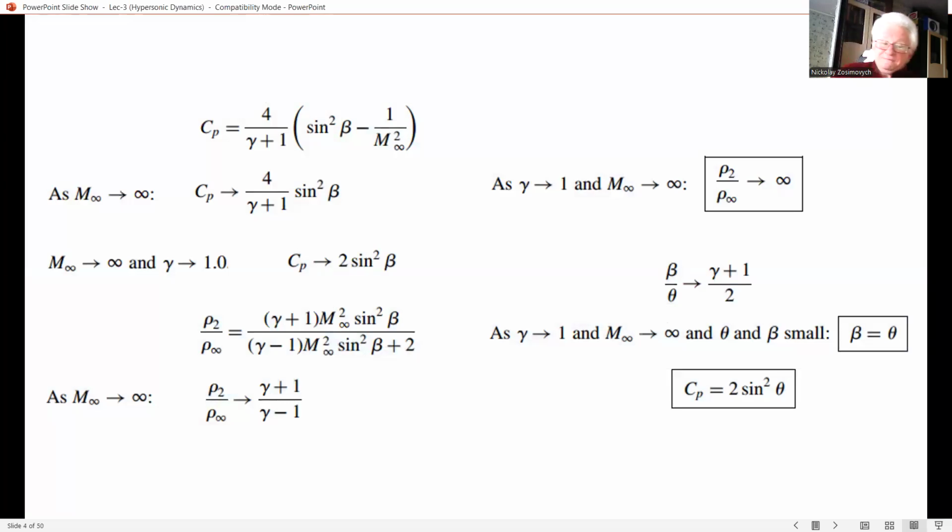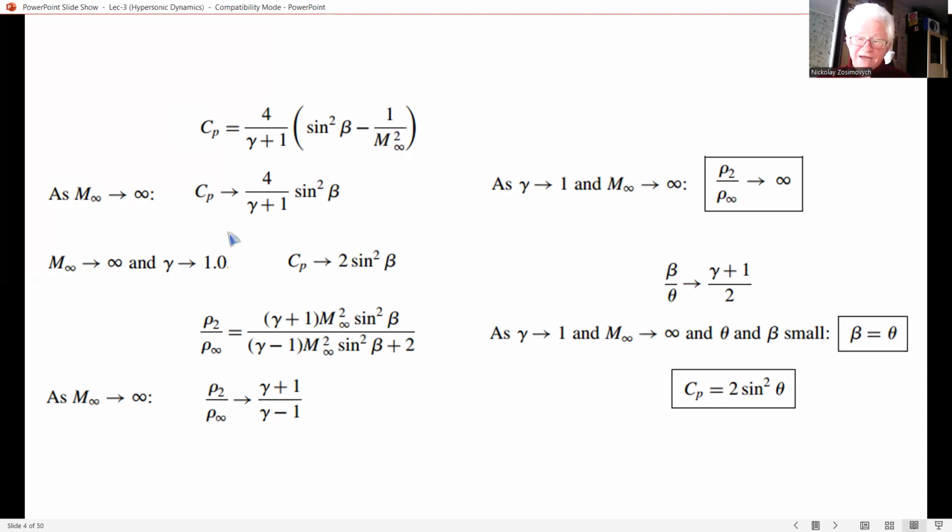Temporarily discard any thoughts of Newtonian theory and simply recall the exact oblique shock relation for Cp, as given by the first equation at the top of this slide. Repeat it next with free stream conditions now denoted by a subscript infinity, rather than subscript 1 as used in the previous lecture.